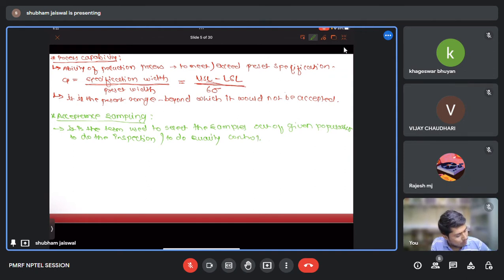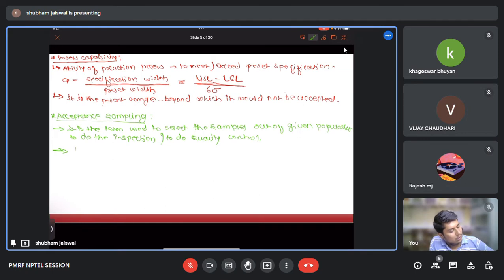So when is acceptance sampling most useful? When the number of items to be processed in a short time is large, like when there are many samples or many items and we need to process them fast. That time we can use acceptance sampling.